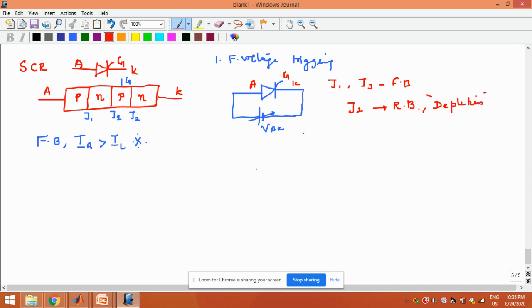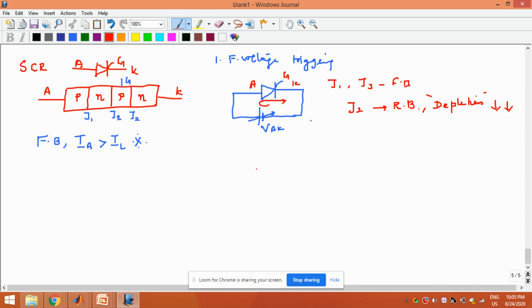So all we need to do is, when this voltage VAK keeps on increasing, then the depletion width deteriorates. At some point of time, the junction J2 experiences a rupture, and because of that, there is a current flow through this.